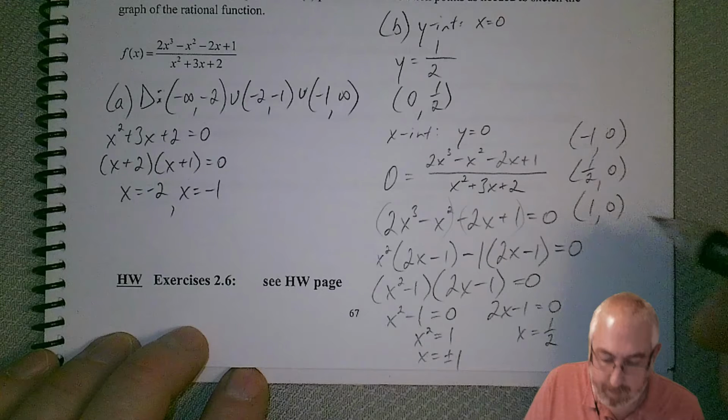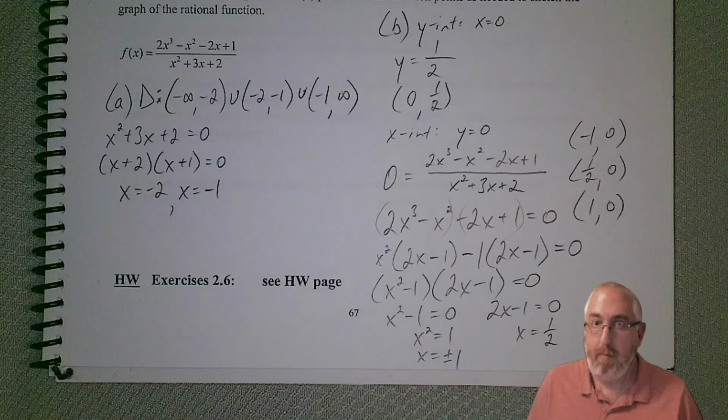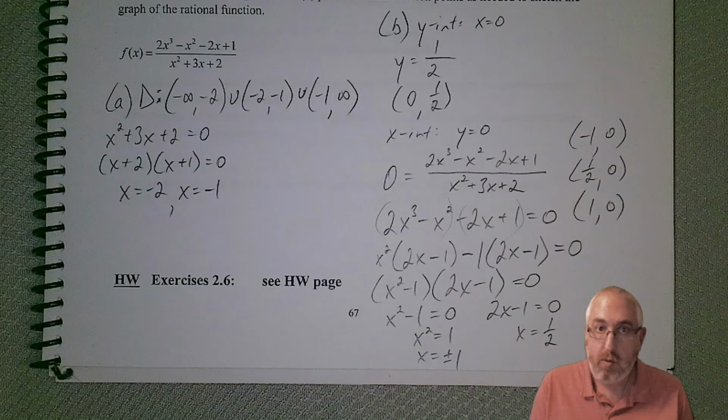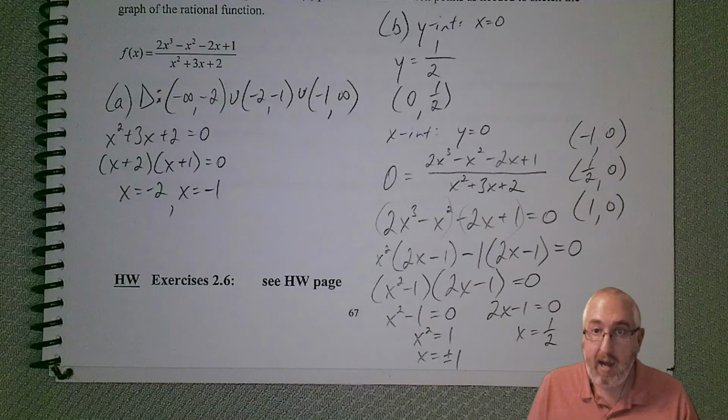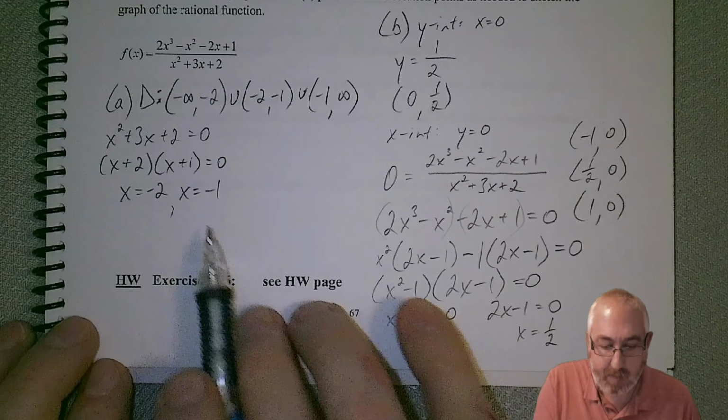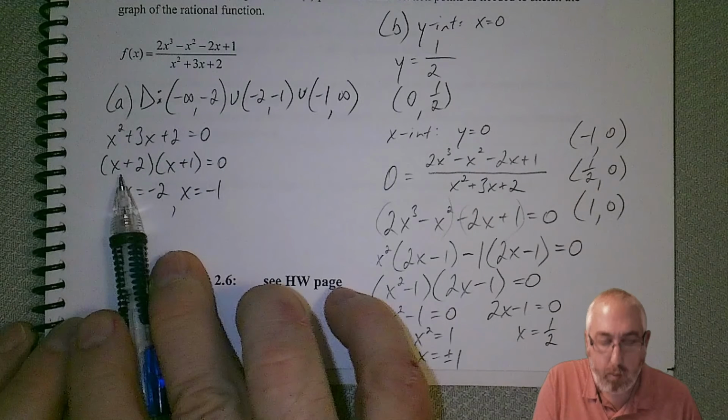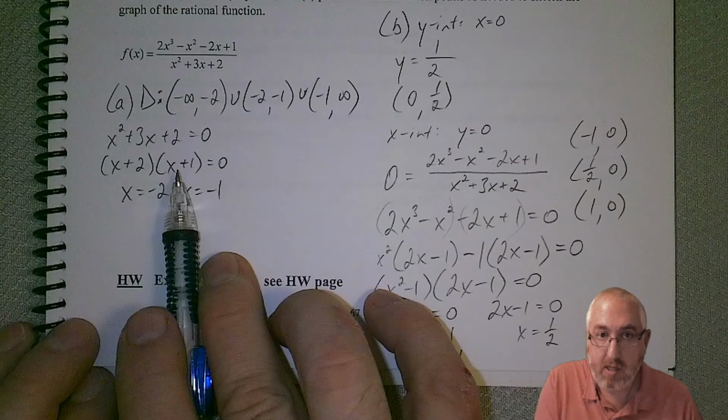Now, why can't we just say that all three of them are x-intercepts? Well, because we didn't check to see if the top and bottom had any common factors. If we look back here a little bit, we have the factorization for the bottom as x plus 2 times x plus 1.